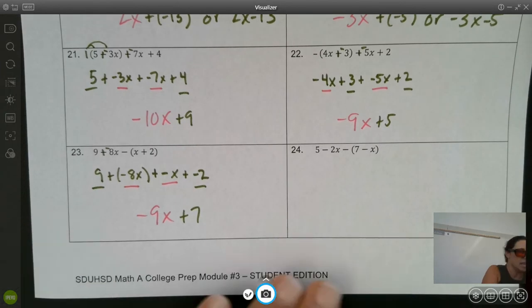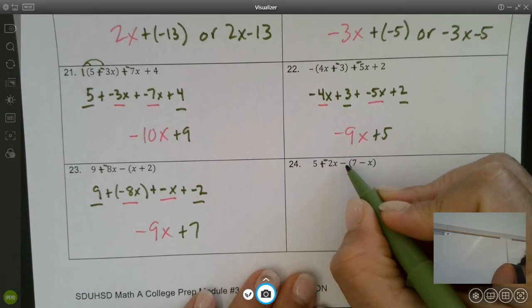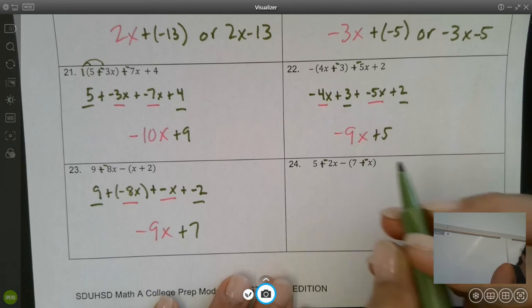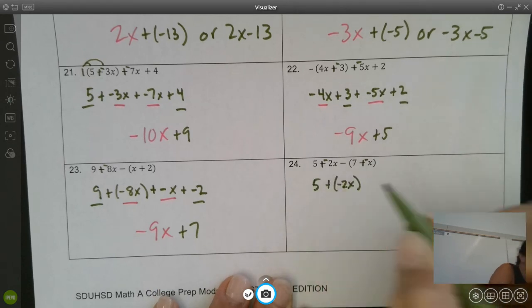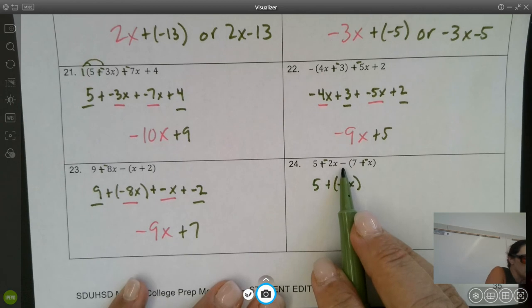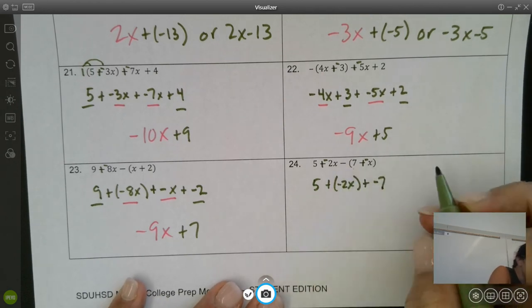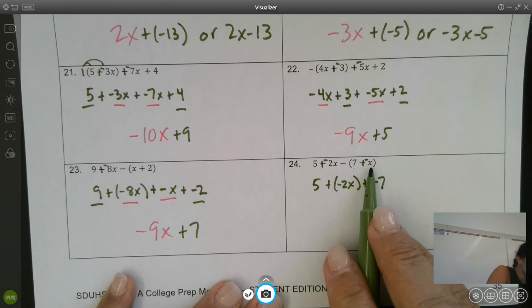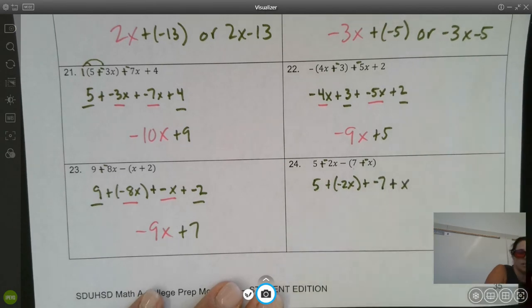All right, and then this last one. All right, this would be 5 plus negative 2x. Okay, and this is like the opposite of 7, would be negative 7. And this is like the opposite of a negative x, would be positive x.